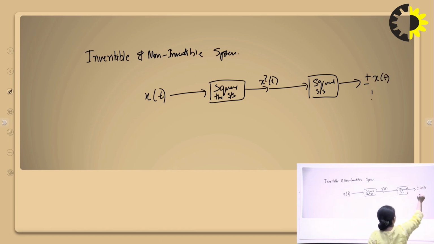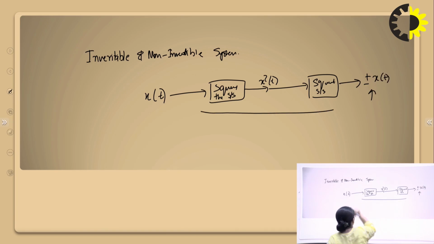So if I apply some transformation to a system, and if I reverse that transformation I get the original input, then the system is invertible. For example, here I do not get the same input, it is plus or minus x(t) and not only x(t), so this is a non-invertible system.